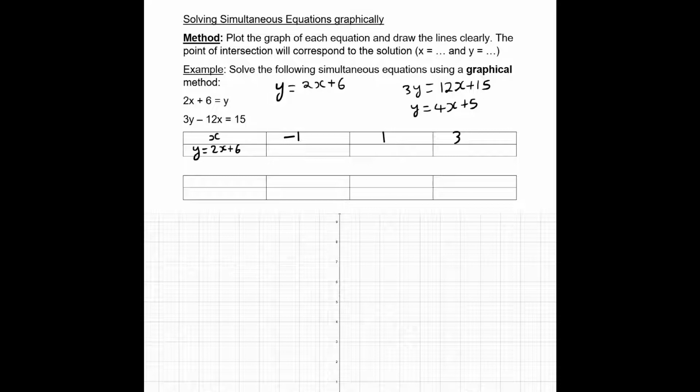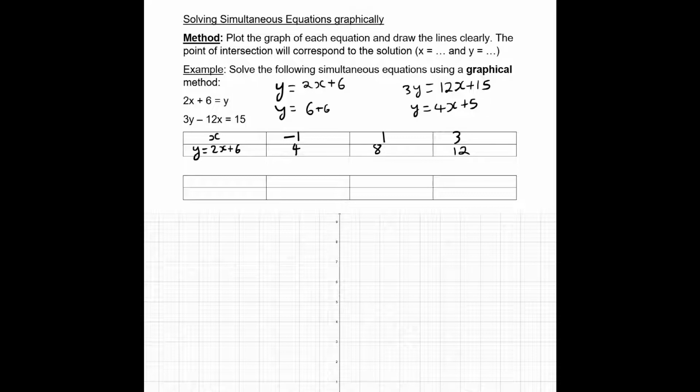When x equals minus 1, y is going to be 2 times minus 1, which is minus 2, plus 6, which is going to be 4. When x is equal to 1, y is going to be 2 times 1 plus 6, which is 8.